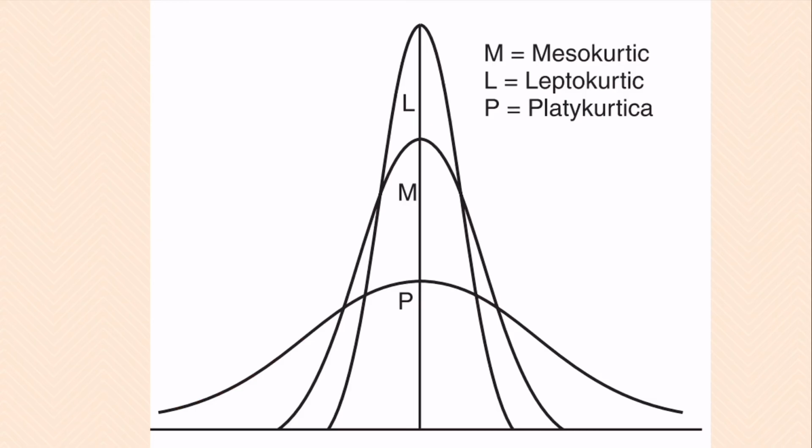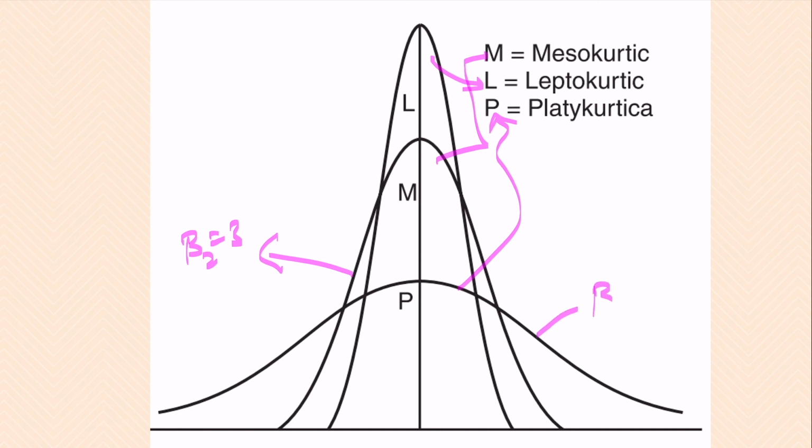The normal curve is a mesokurtic one, more peaked is a leptokurtic one, and if it is flat topped, it is a platykurtic one. For the middle one, that is mesokurtic, the value of beta 2 comes out to be 3. If it is platykurtic, then the value of beta 2 is less than 3. If it is leptokurtic, then the value of beta 2 is greater than 3.